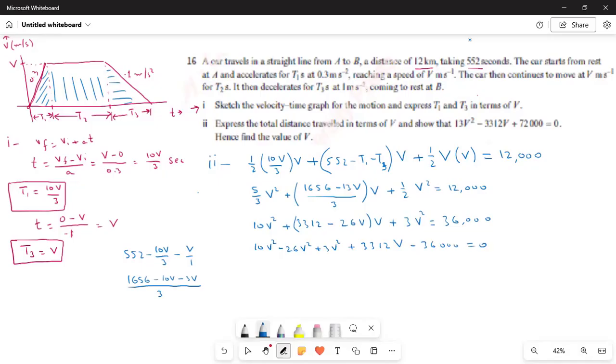So this will become 10 minus 26 plus 3, which is minus 13v squared plus 3312v minus 36,000 equals 0.